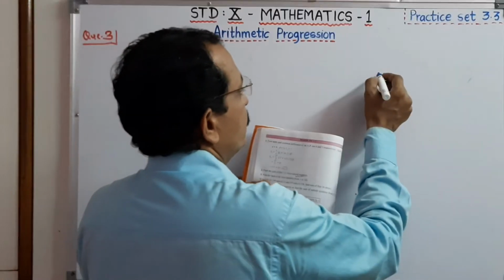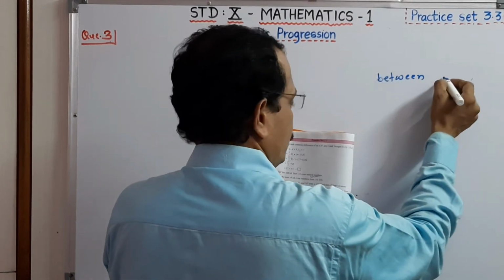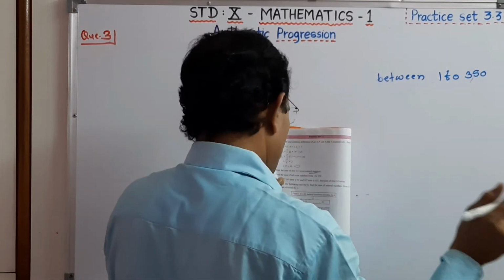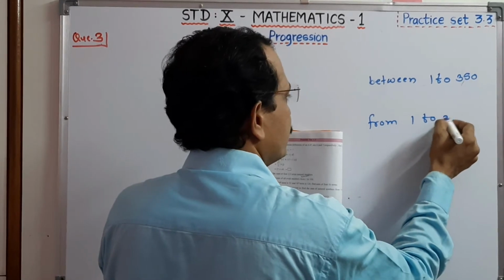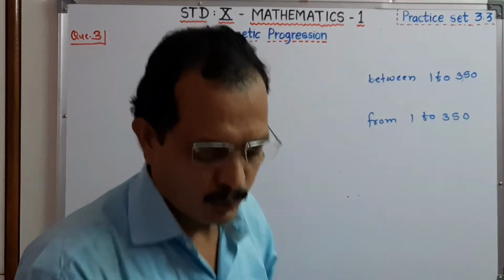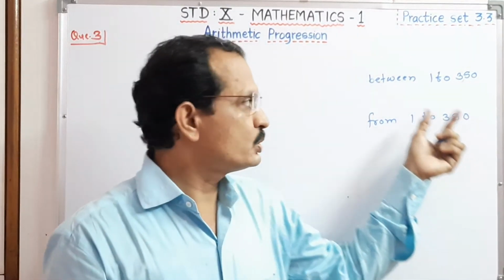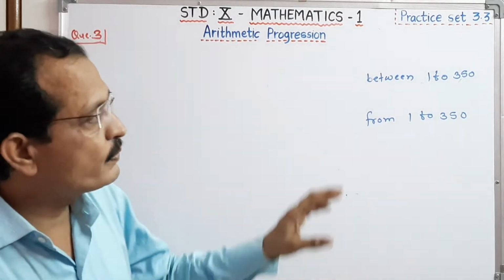That means between 1 and 350. In the book it is given from 1 to 350, but actually it is between 1 and 350. Now dear student, what is the difference between these two?